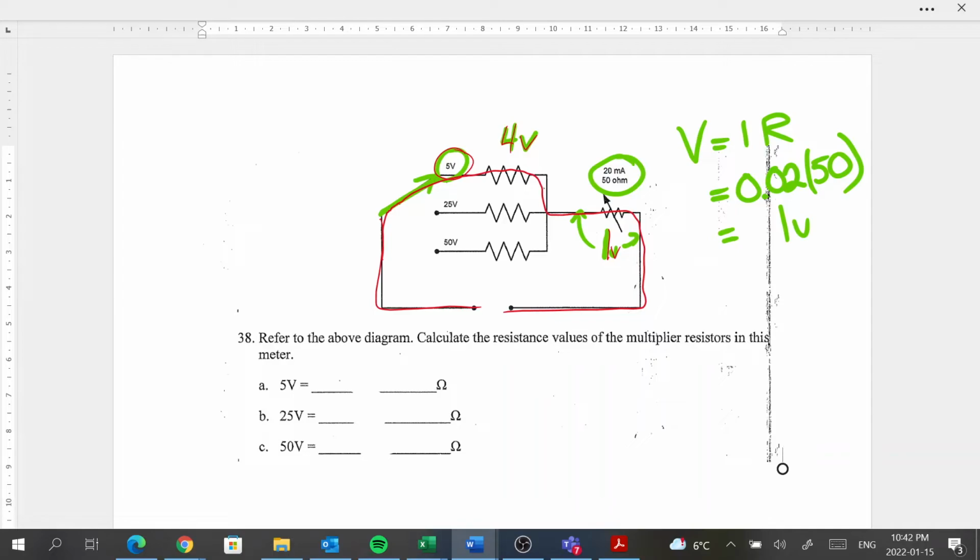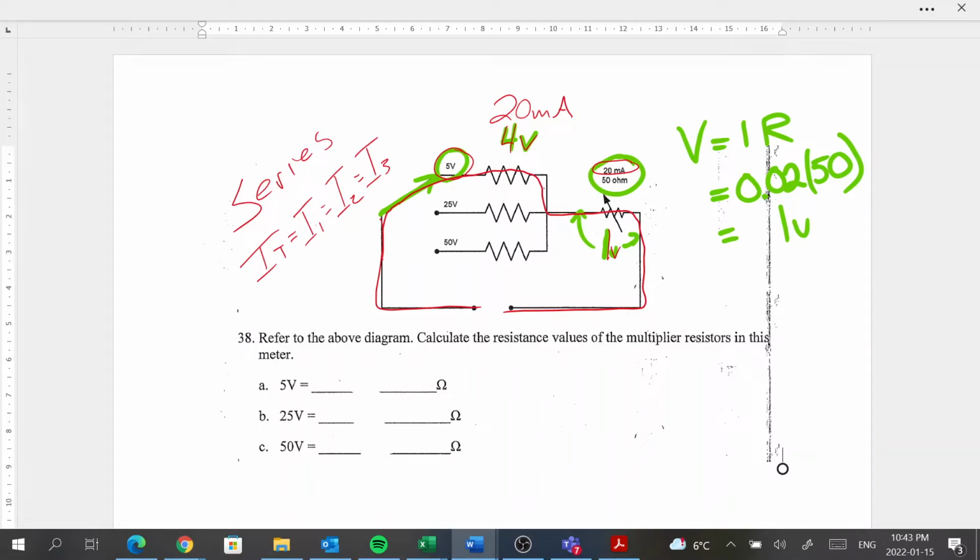All right. The other thing we've got to realize is because it's a series circuit, I total equals I going through each and every resistor. Fundamental rule of series circuits. So we know then that this 20 milliamps is going to be going through this resistor as well.